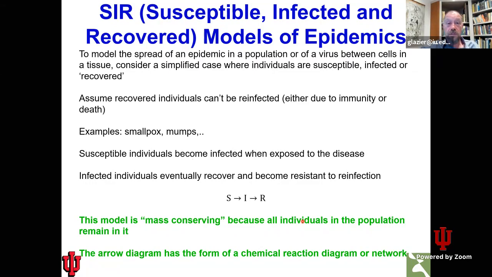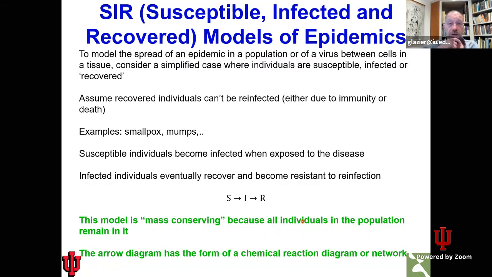There are individuals that are infected, I, and those infected individuals can infect others. And then they're going to be recovered or dead individuals. Sometimes it's called SIR, susceptible, infected, and removed. And the key thing in these SIR models is that the recovered individuals can't be reinfected. So once they're recovered, they're out of the group of infectable population.